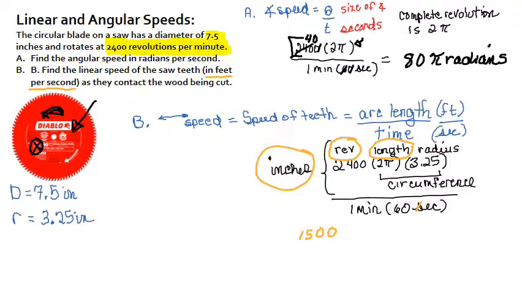And divide that by 12, I get the 1500 pi. And of course, that's going to be over 60 seconds. And so again, we can cross that out. And 150 divided by the 6 is going to give us 25. So it'd be 25 pi feet per second.